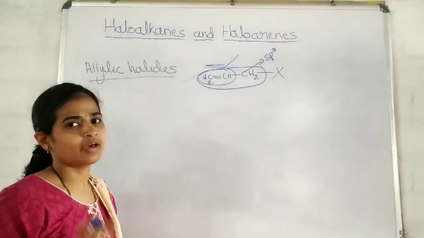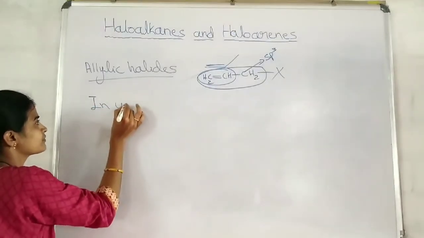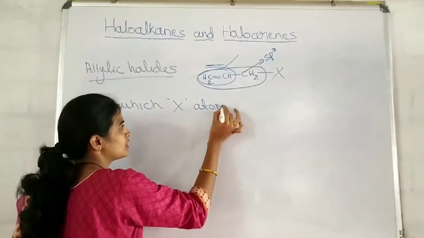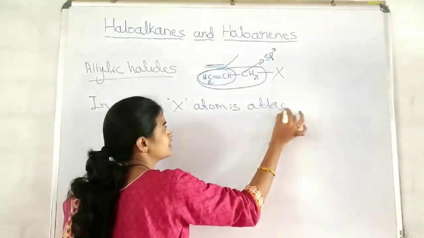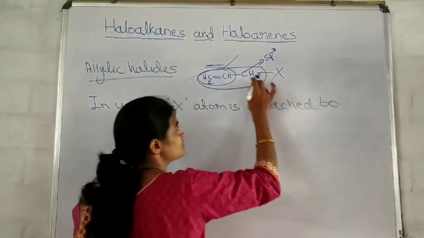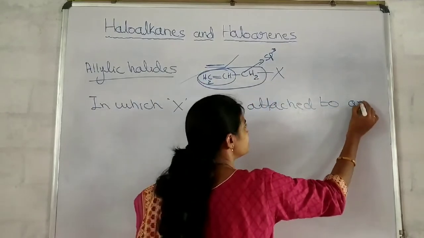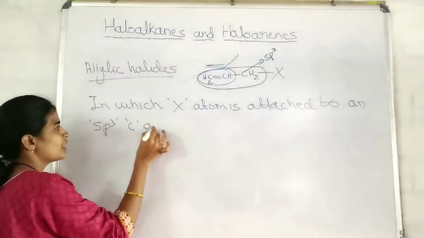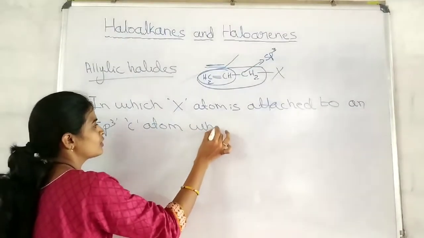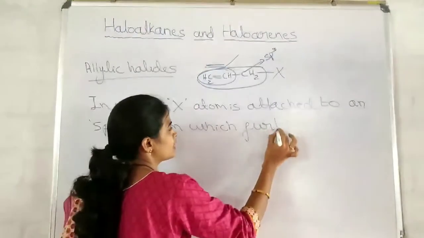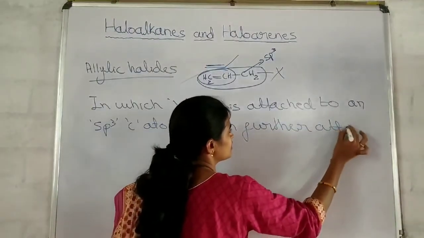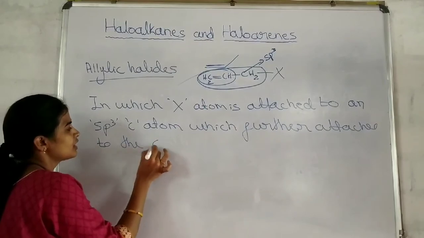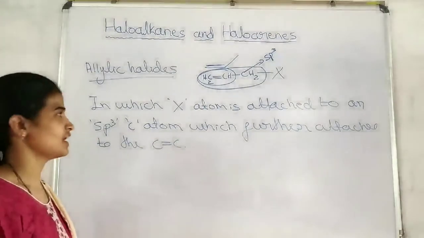Allylic halides are the type of halides in which the halogen atom is attached to, you can observe here and here, an sp3 hybridized carbon atom which is further attached to the carbon-carbon double bond. See how easy it is.